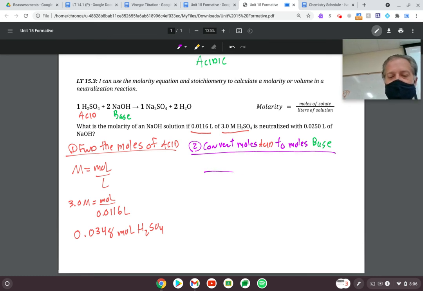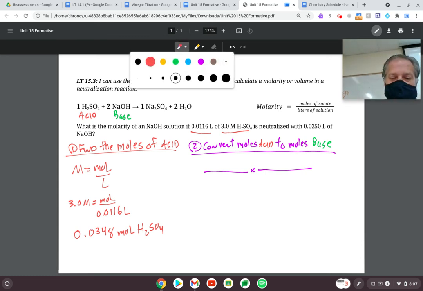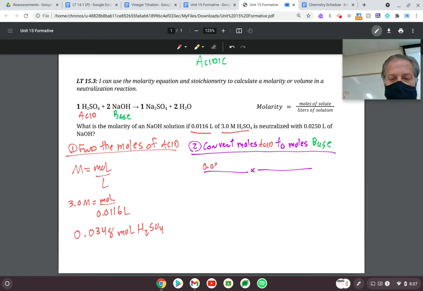But it's really going to be like a one-step calculation. Okay. So I know the moles of acid in this case is going to be 0.0348 moles of H2SO4.